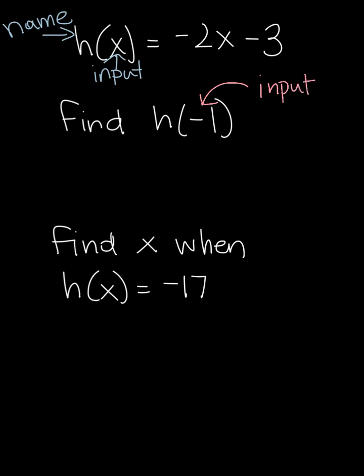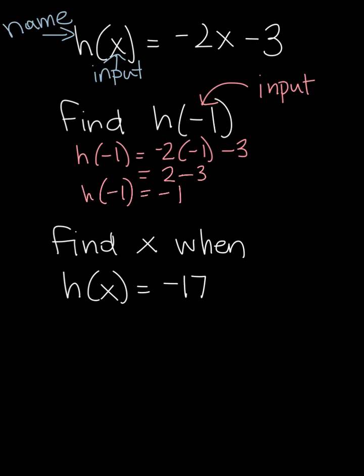They want us to plug it in. So h of -1 becomes -2 times -1 minus 3. -2 times -1 minus 3 can be typed into the calculator all at once. You would get, let's see, 2 minus 3 if you do it by hand, so you'll get -1 for an answer. When you plug in -1, you get -1.